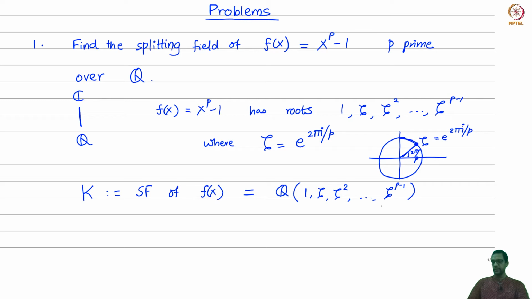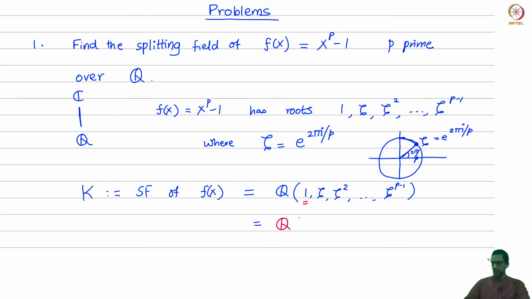So I need to take the subfield of C which is generated by Q and the roots of this polynomial f. But observe, of course, when you adjoin elements, some of those elements don't really need to be adjoined. You don't get a new field. For example, if I adjoin the root 1 to the base field Q, I don't get anything new. That's just Q again, because 1 belongs to the base field. So I don't really need to adjoin 1.